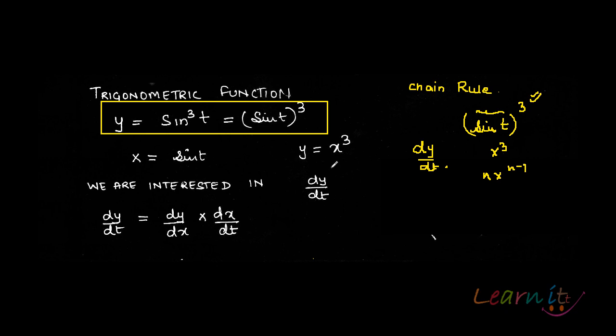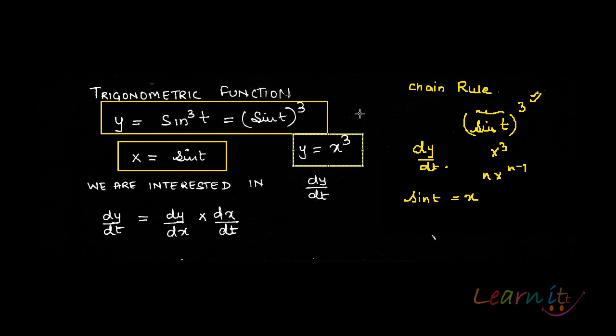Now, what we are interested in is dy by dt, and how can I find it? How I can find it is essentially by assuming sine t to be x. Then my y becomes x cube.